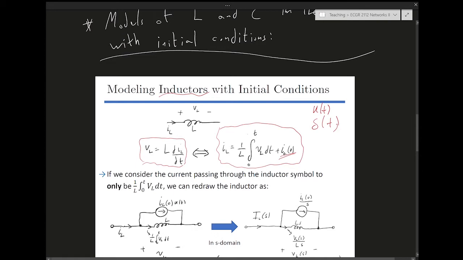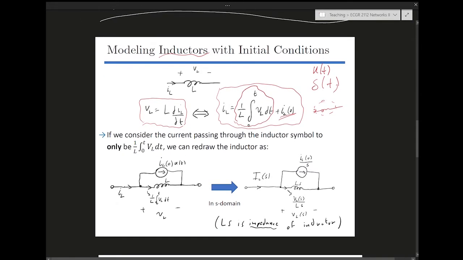If we consider this integral to be the current passing through the inductor symbol in the circuit, then we can represent the initial condition as an extra current that's being summed to this current.